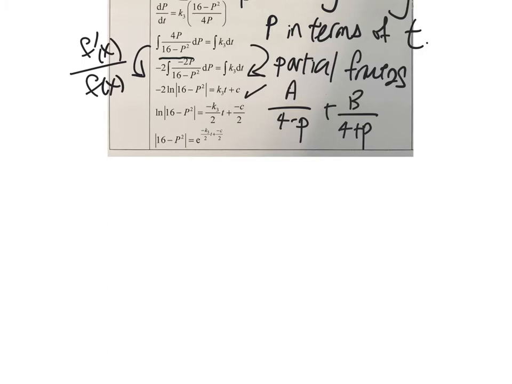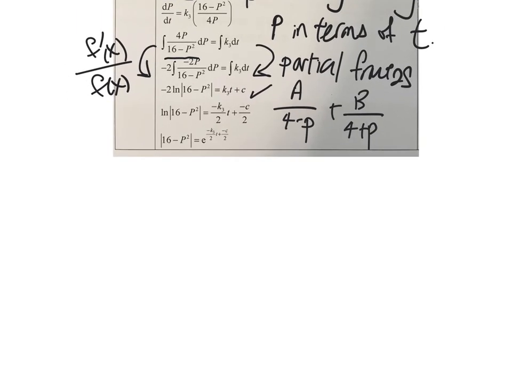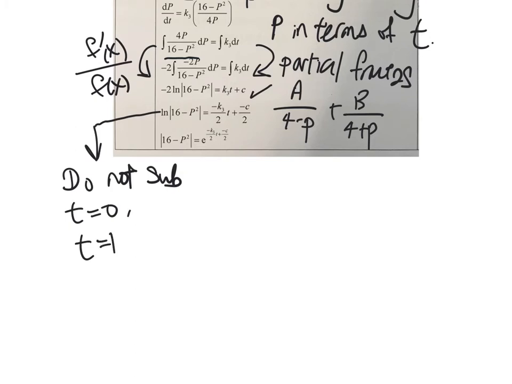price. But do not, I repeat, do not sub in your T and your values here. Do not sub in at this stage. Do not sub T equals to 0, T equals to 1.